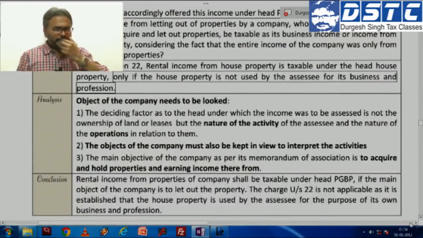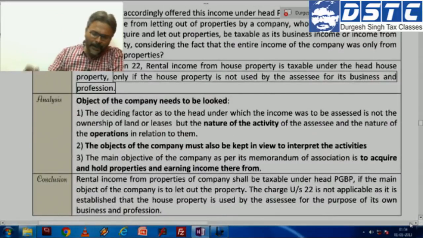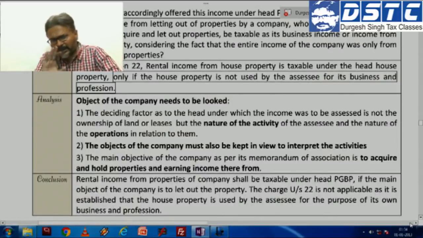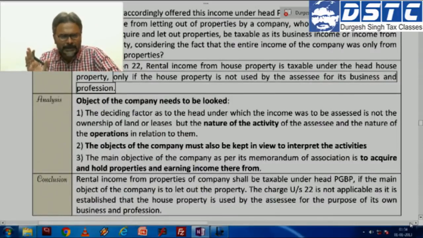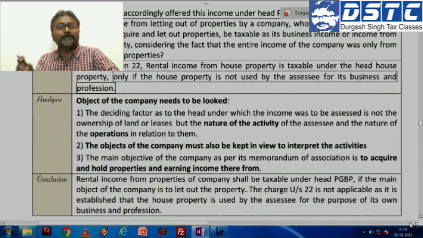In the analysis part, what it says is that the object of the company needs to be looked upon. There are two things finally to conclude, students. Here they went with the memorandum of association, the object clause.